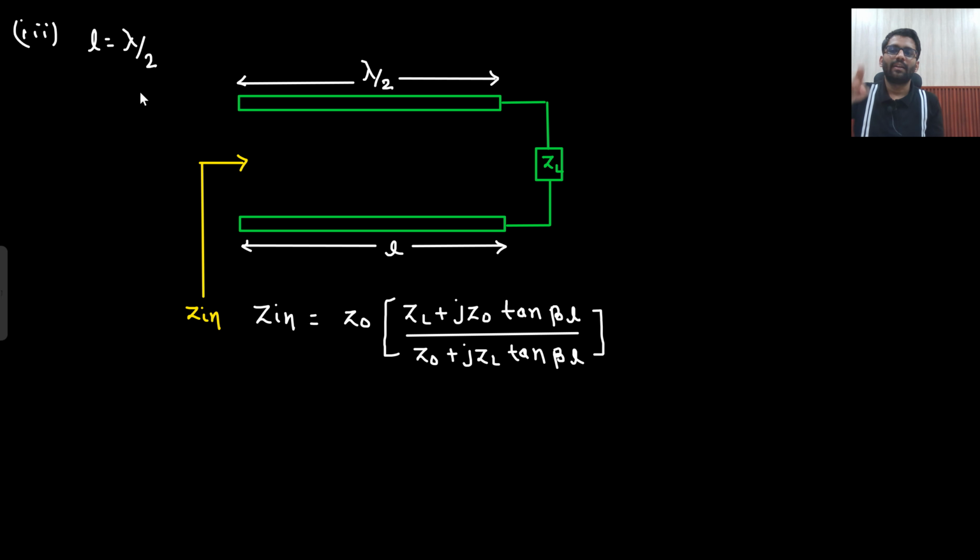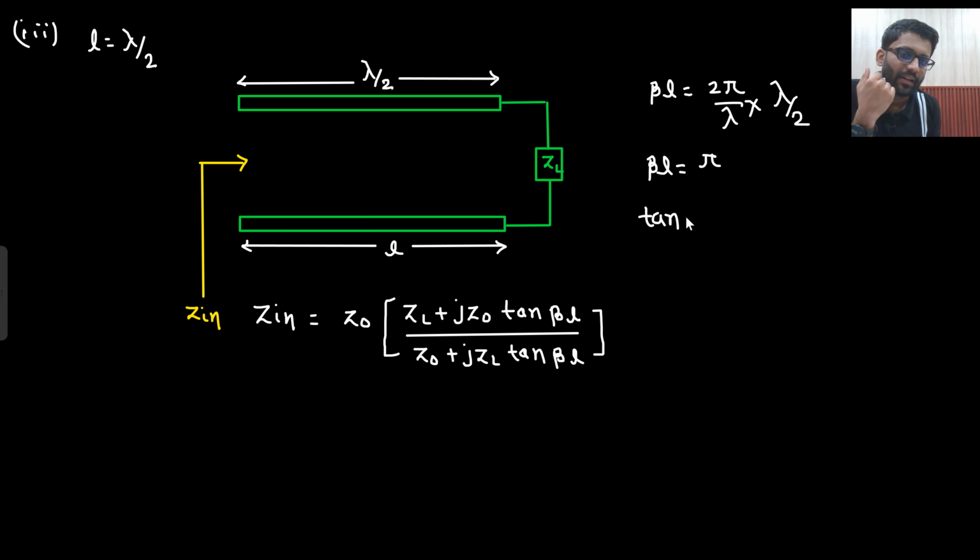Now if your length is lambda by 2, then what will be your input impedance? Try writing it down. So what will be your beta L value? That would be 2 pi by lambda into lambda by 2. So beta L will be equal to pi only. So what will be your tan beta L? What is the value of tan pi? 0 only, right? So this will be 0, this will also be 0. So what are you getting?